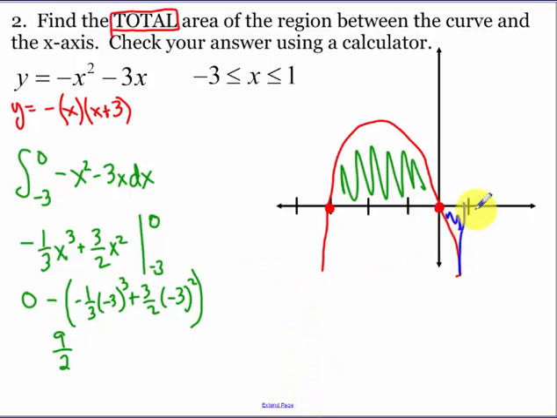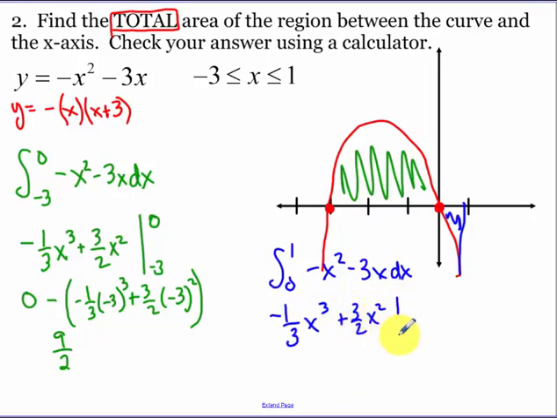Now the other one, this area that's negative, I'm looking at the area from 0 to 1 now of our function. Don't forget your dx. I've already taken the integral of that. So I'm going to go from 1 to 0.